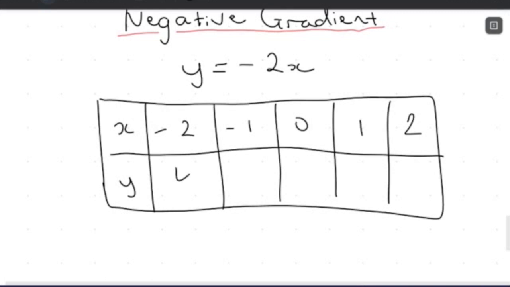Now, because we have a double negative there, these two numbers will multiply to give us a positive. Same in the -1 case. -2 times -1 gives us +2. -2 times 0 gives us 0. -2 times 1 gives us -2. And -2 times 2 gives us -4.